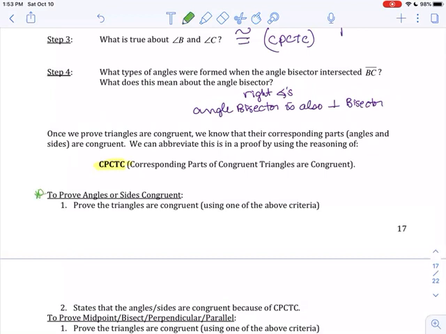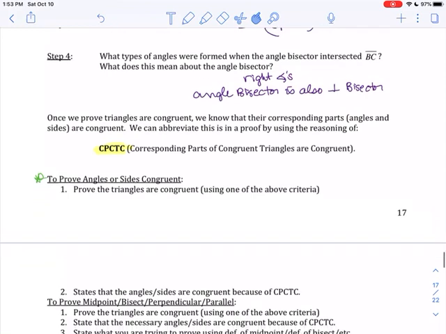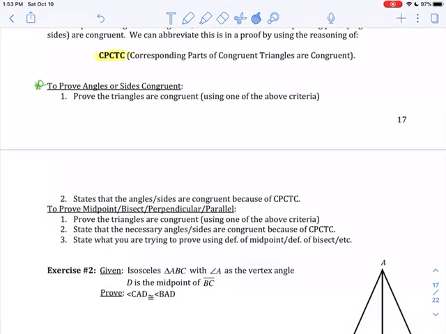So to prove angles or sides are congruent, first prove the triangles are congruent using one of the above: either side angle side, side side side, angle side angle, angle angle side, or hypotenuse leg. Prove the triangles are congruent, and then you can say that any of the rest of the corresponding sides or angles are congruent. And that's written right here. Then you state that the angles and sides are congruent because of CPCTC. So that's what I got on the next page.